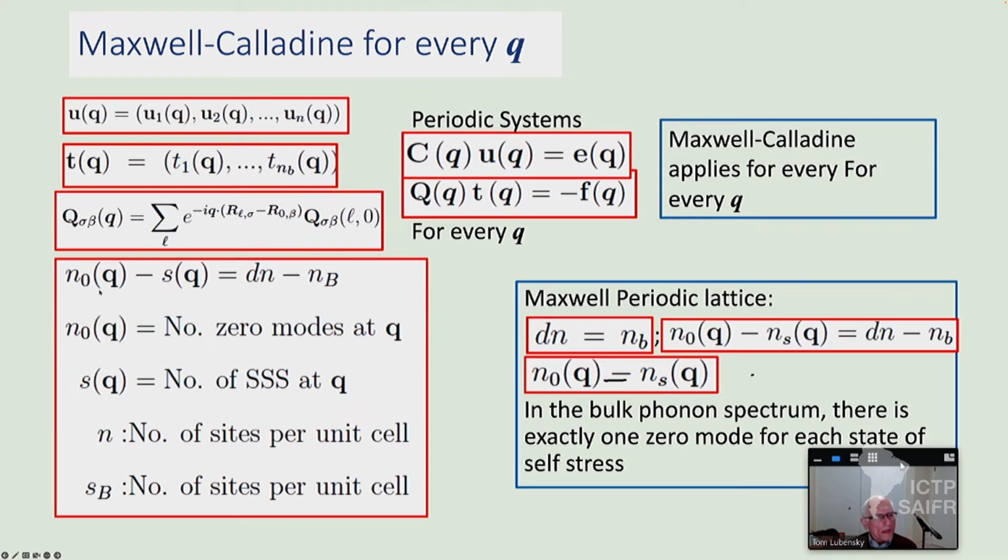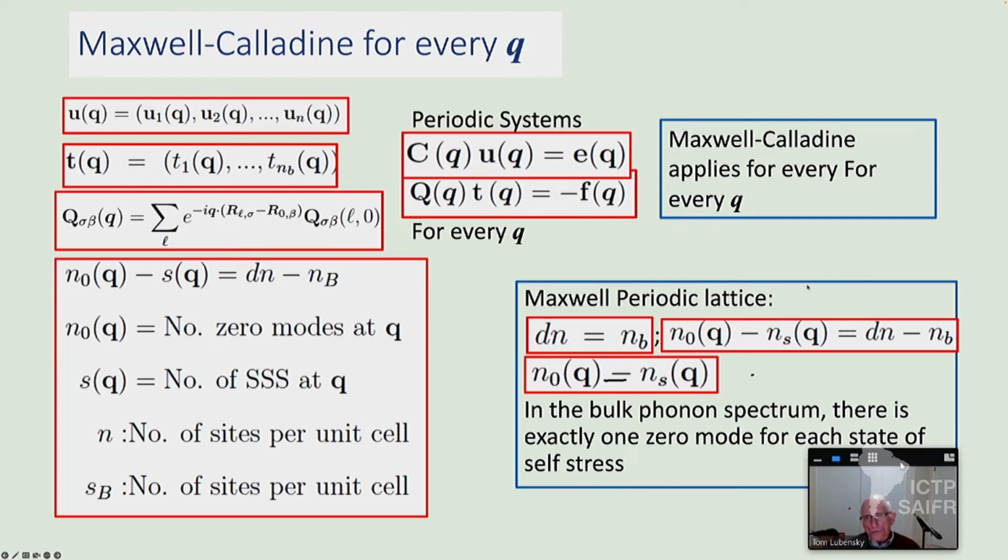So we have that the number of 0 modes at wave number q minus the number of states of self-stress at wave number q is equal to dn minus nb, where n is the number of sites in the unit cell, and nb is the number of bonds in the unit cell. So n0 of q is the number of zeros. s of q is the number of states of self-stress. This comes from the Maxwell periodic lattice.